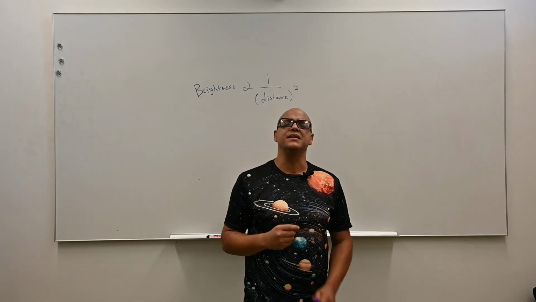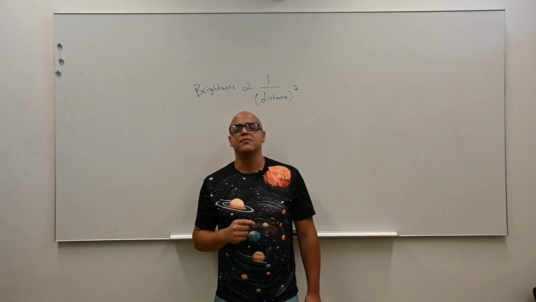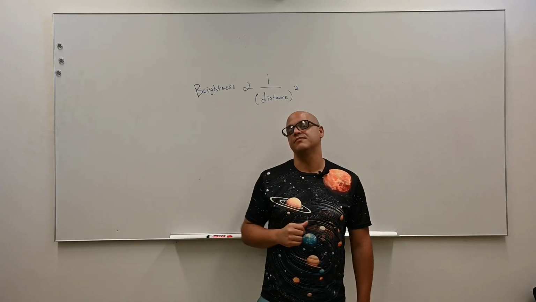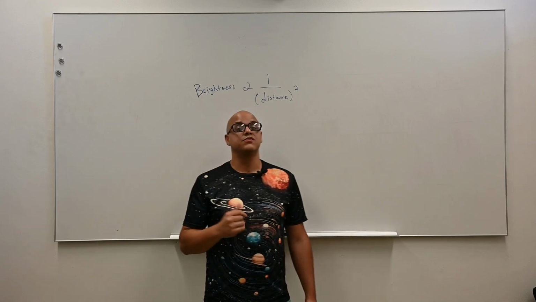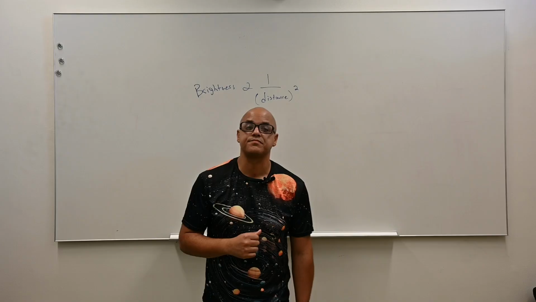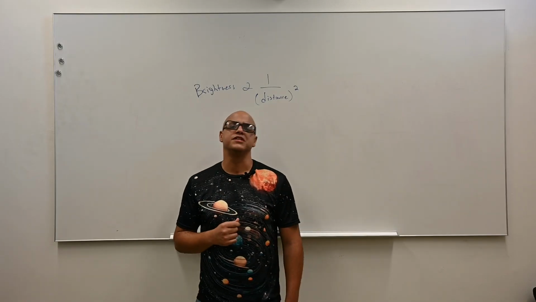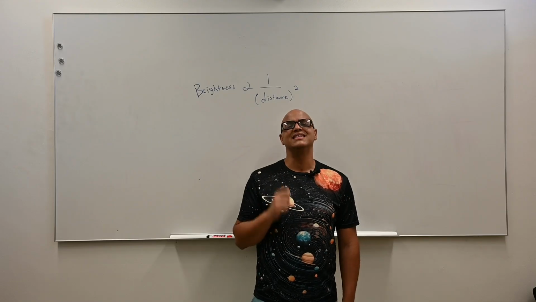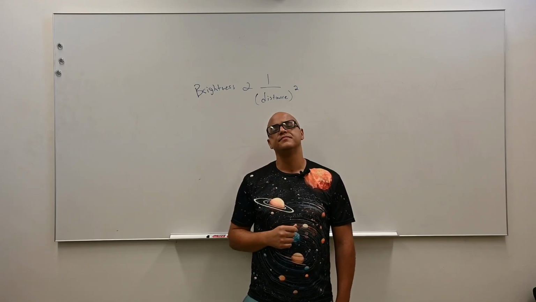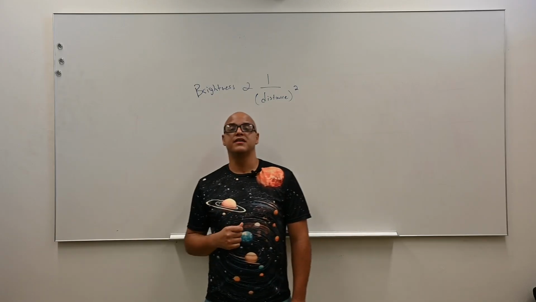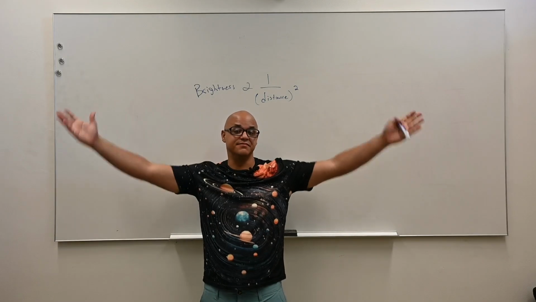If a galaxy is moving away from us, its light shifts towards the red end of the spectrum. If it's moving towards us, it shifts towards the blue. By measuring redshift, astronomers can calculate both distance and speed. This is one of the ways we discovered that the universe is expanding.